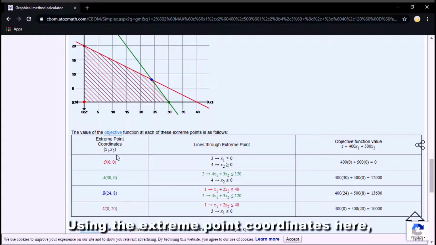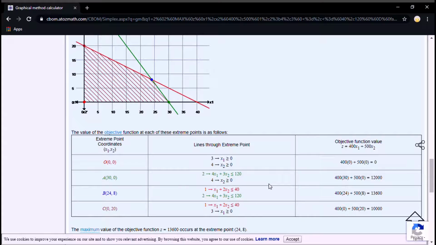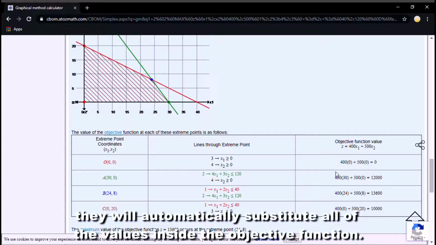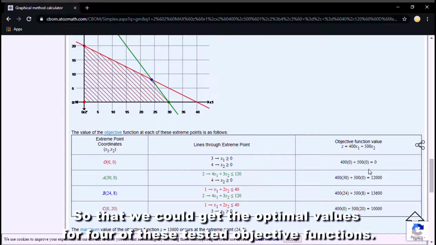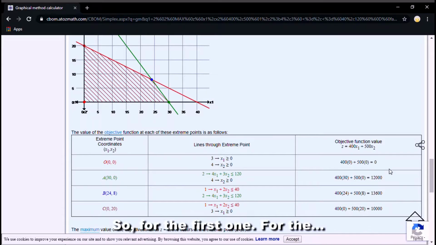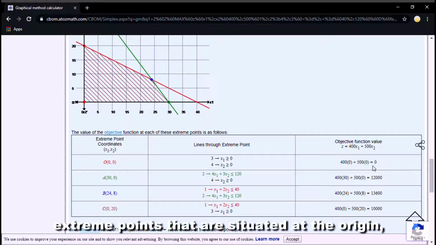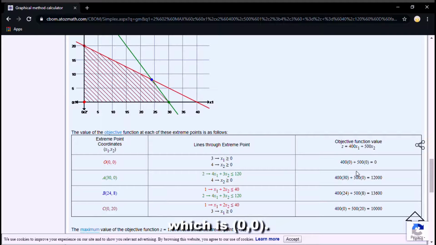Using the extreme point coordinates here, they will automatically substitute all of the values into the objective function so that we could get the optimal values for these 4 tested points. For the first one, the extreme point situated at the origin, which is 0, 0, the optimal value found is 0.